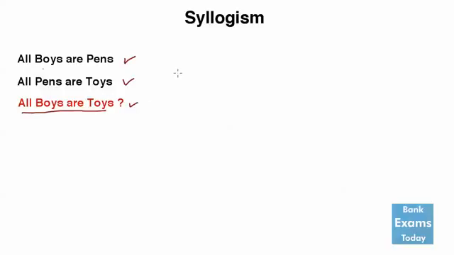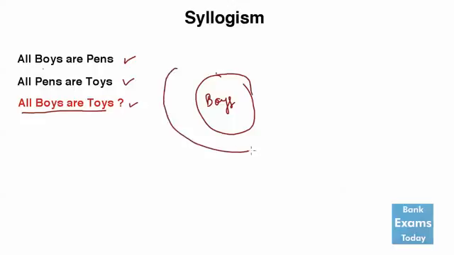We will solve this question using the circle method. We will draw the circle for each of the statements and then find the conclusion. First of all, this is the circle. All the boys are pens.